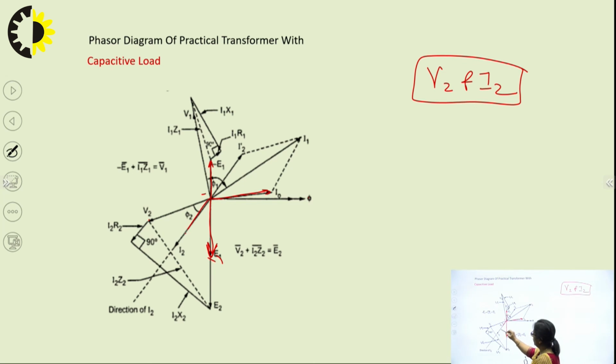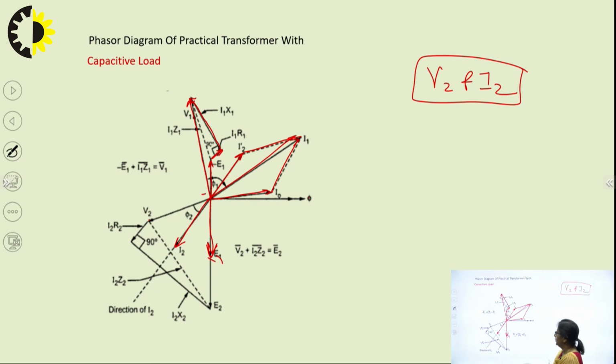If I2 is over here, which we have plotted in the third quadrant arbitrarily, then in opposition to it, I will have I2 dash. The phasor sum of I0 and I2 dash is going to give me I1, right? I1 phasor is now achieved. If that is so, I1 R1 can be plotted now, just parallel to I1. Then I1 X1 at 90 degree to it, and finally V1, the resultant phasor.